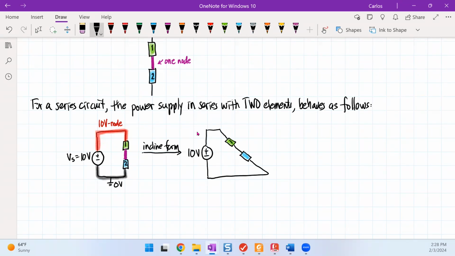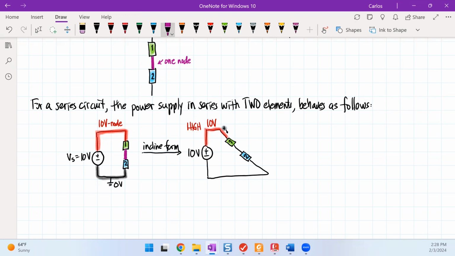Now, if I start to look at the details, we can see that I have a node that's 10 volts here. And what we mean by 10 volts is that this represents the high. So if I place a charge on this circuit, and let's say that I have this gray little positive charge, this positive charge is going to slide down my electrical incline.